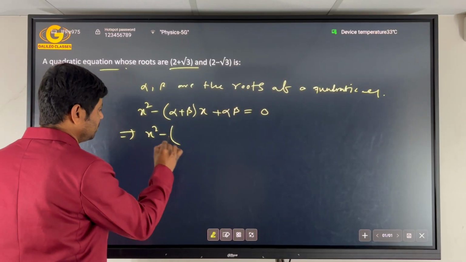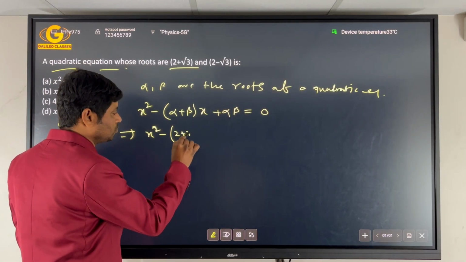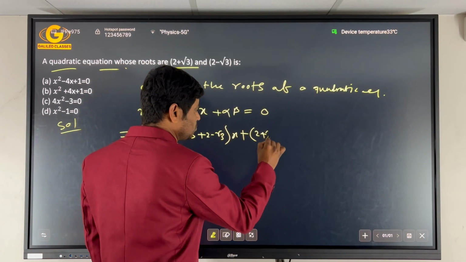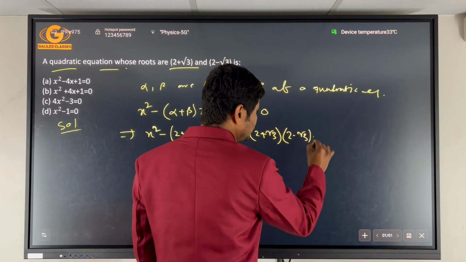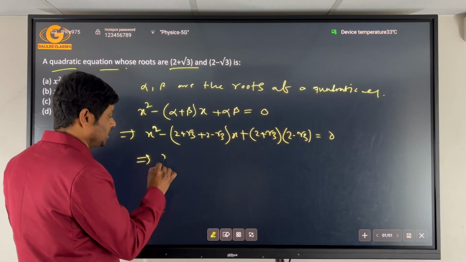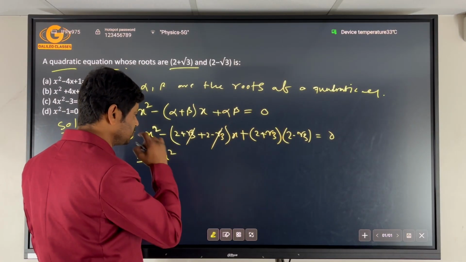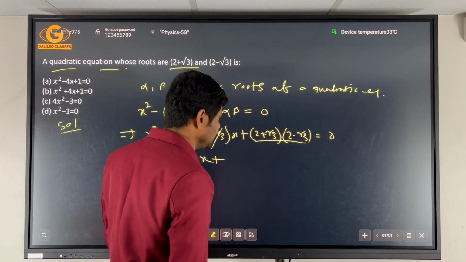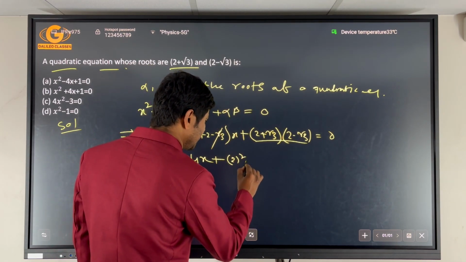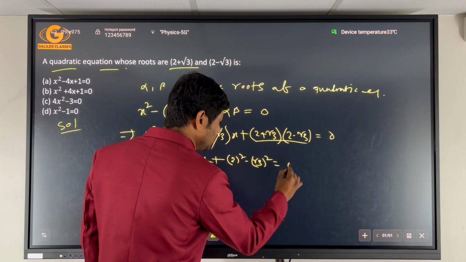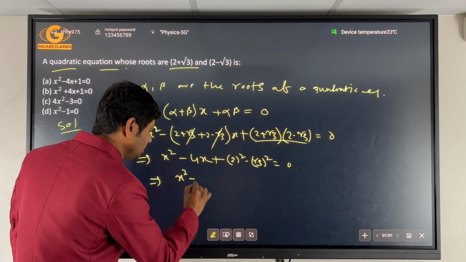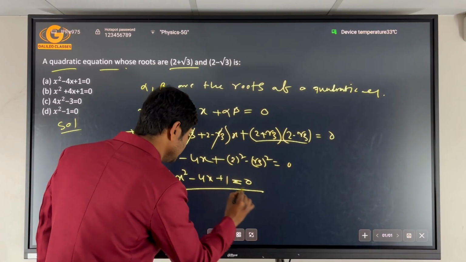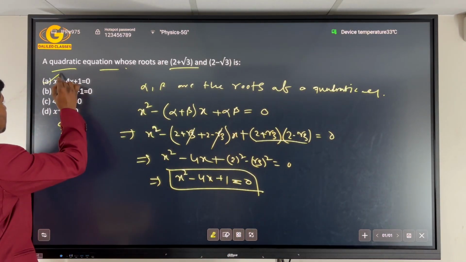Therefore, x square minus (2 plus root 3 plus 2 minus root 3) into x plus (2 plus root 3) into (2 minus root 3) is equal to 0. x square, plus root 3 and minus root 3 cancel, minus 4 into x plus, by solving this, it will be 2 square minus root 3 whole square, is equal to 0, and it will be x square minus 4x plus 1 is equal to 0. Therefore, the correct option is A.